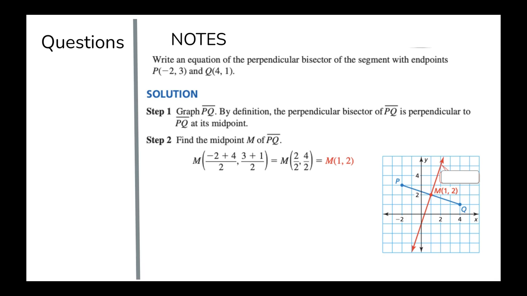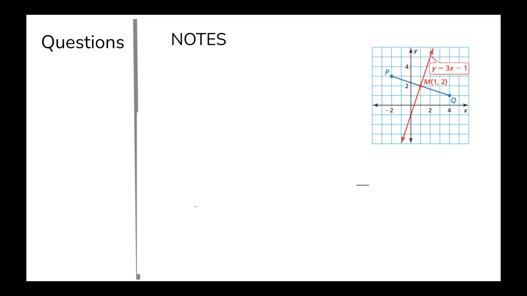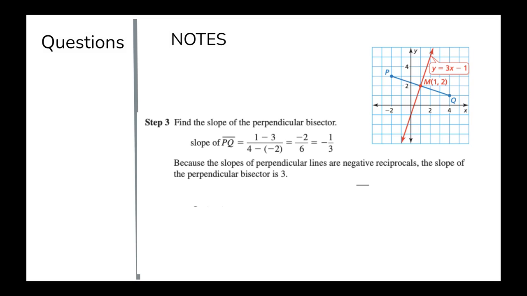Here's where you start to think about slope and how that works. So, in this situation, if we're going to find the slope of the perpendicular bisector, we can use the points that we have to do that. The slope of PQ turns out to be negative 1/3.